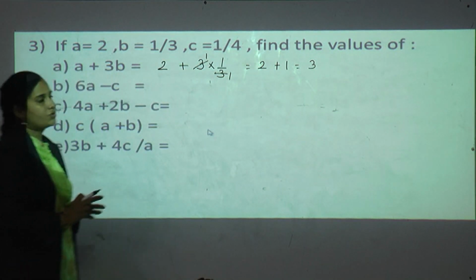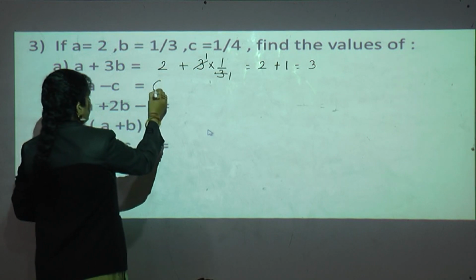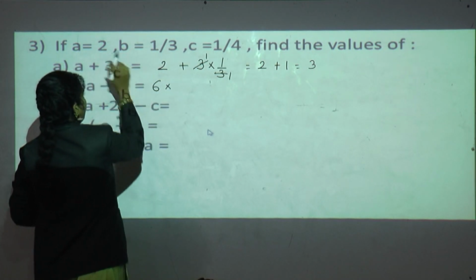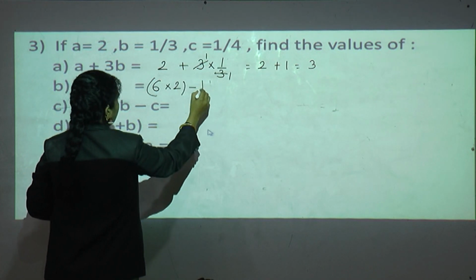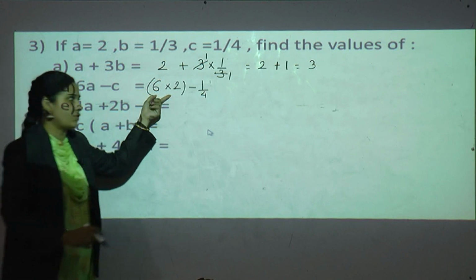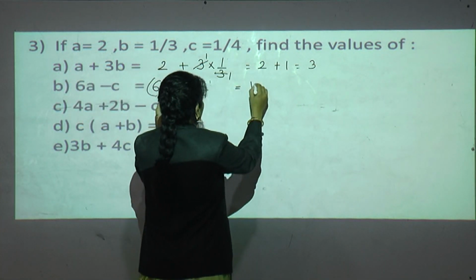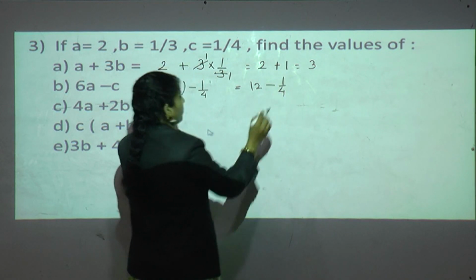Understood? Now 6a minus c. 6 multiplied by a minus c, that means 1 upon 4. Now tell me this multiplication, students. 12. Okay. Now 12 here minus 1 upon 4.